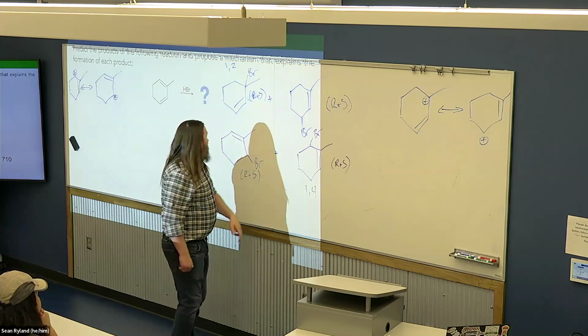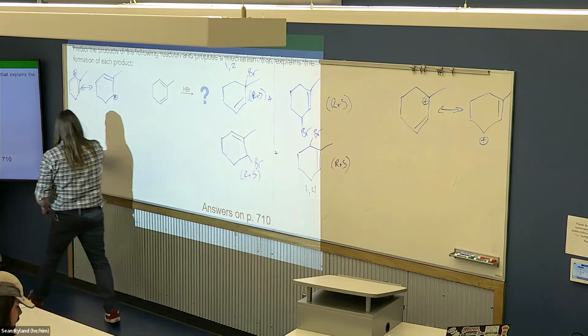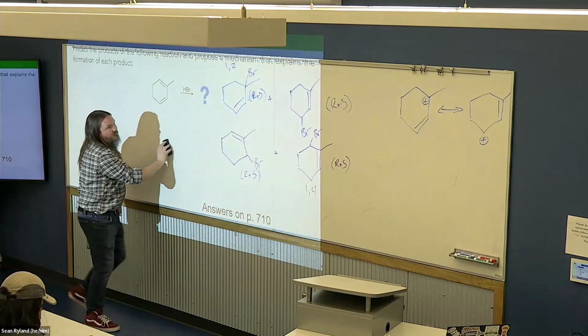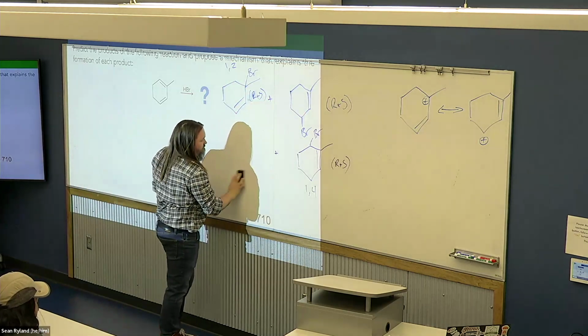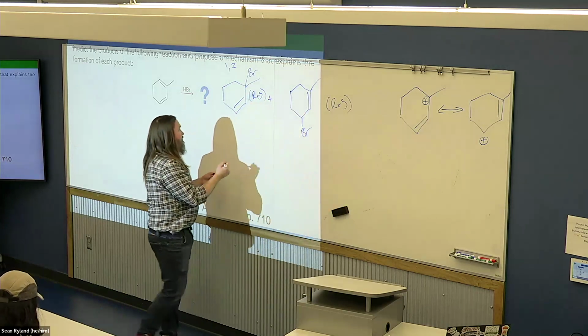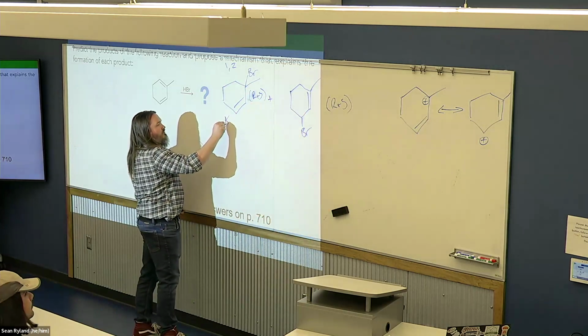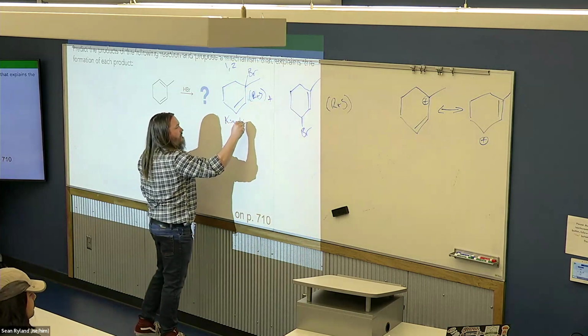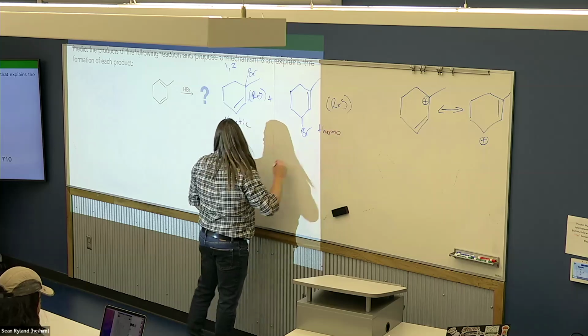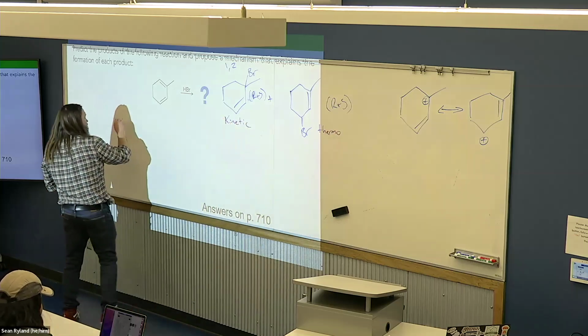So let me erase the purple ones now, so we're not confusing ourselves, since it's less of an issue with the purple ones. So kinetic. Thermodynamic. And if we are.